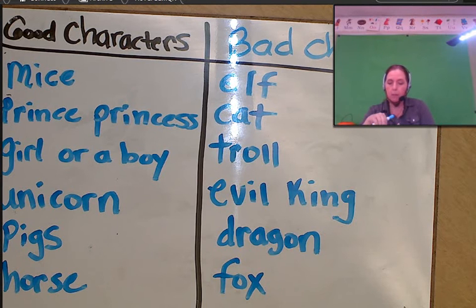So I'm going to be using another chart as well. And I don't need a title yet. But I've chosen the characters and I'm going to choose a setting. Where does the story take place? Well, the good characters I'm going to use in my little story is a girl and two elves.